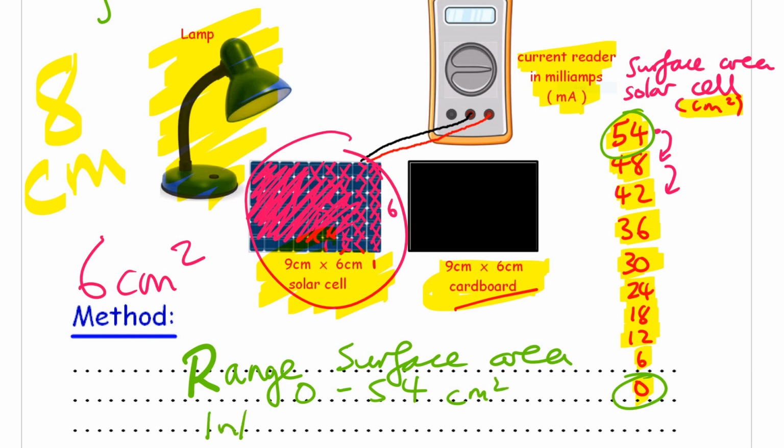The interval, what it goes down in every time, equals 6 centimeters squared. Record your results in a results table. That is the end of lesson 12.